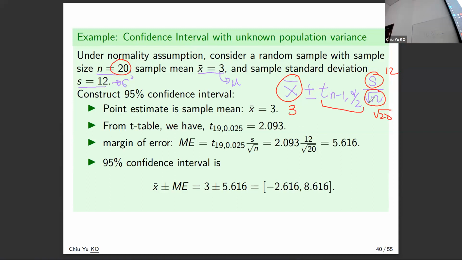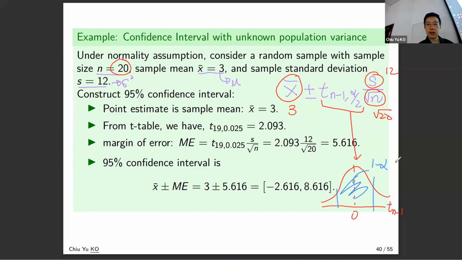And we need to be slightly more careful, right? T is like this, right? It's a bell. Again, it's a bell, almost the same, right? Again, we want the middle to be 1 minus alpha, right? Because 95%, right? So we want this to be 95%.